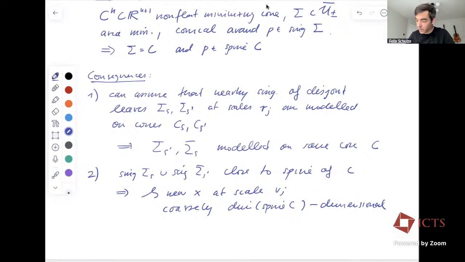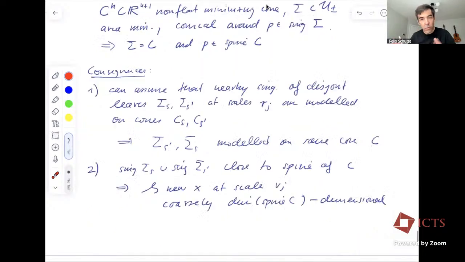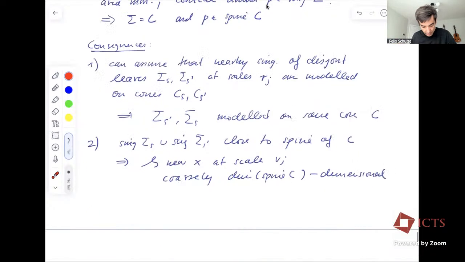This combined singular set, because we know here that all the singular points are in the limit close to the spine. So if you do a compactness argument, they cluster close to a spine. We can always find a spine direction where this models the combined singular set at this point.